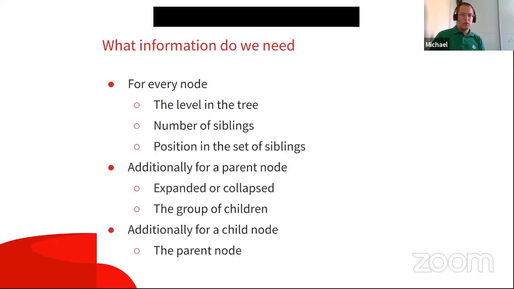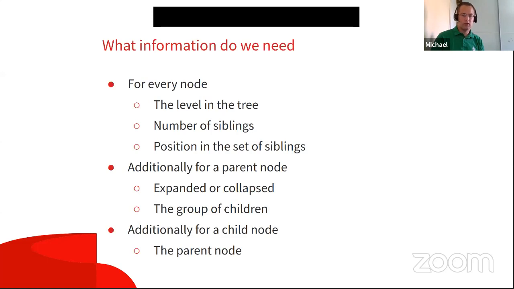What information do we need for this workaround? Every node needs to know its level inside the tree, how many siblings it has, and the position inside the set of siblings.